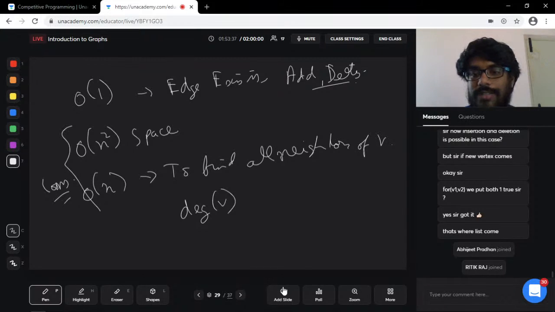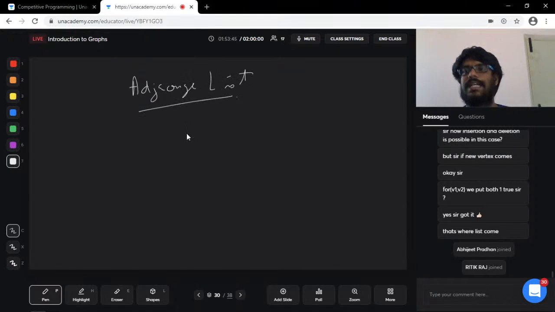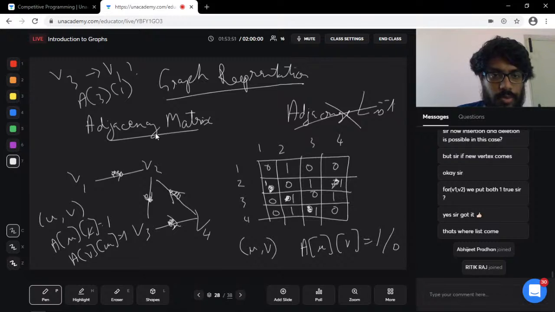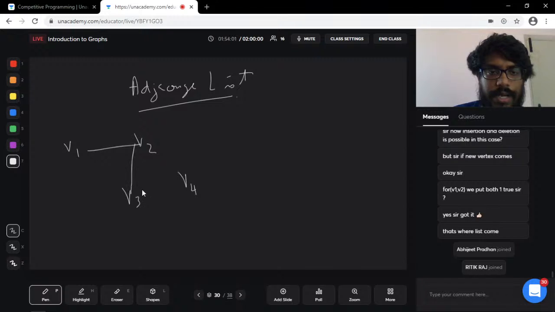And to solve these 2 disadvantages is where the next representation comes in, which is adjacency list. So let's take the same example, v1, v2, v3, v4, and let's just take the undirected setting.